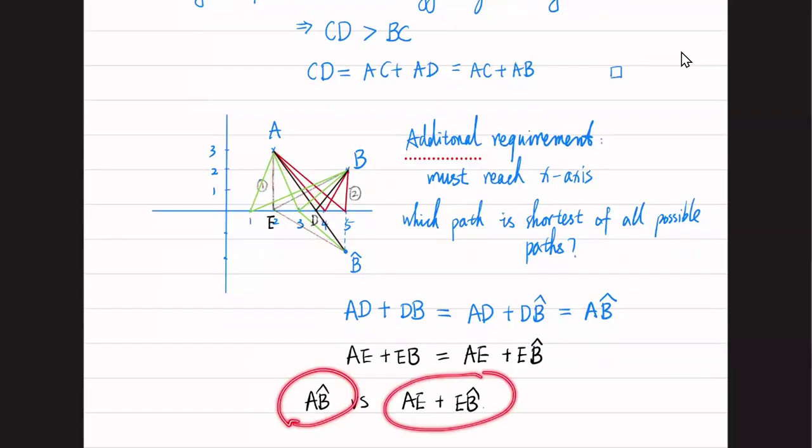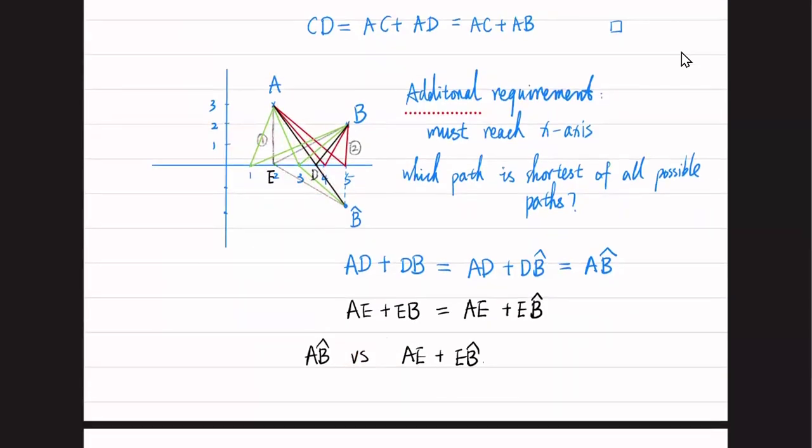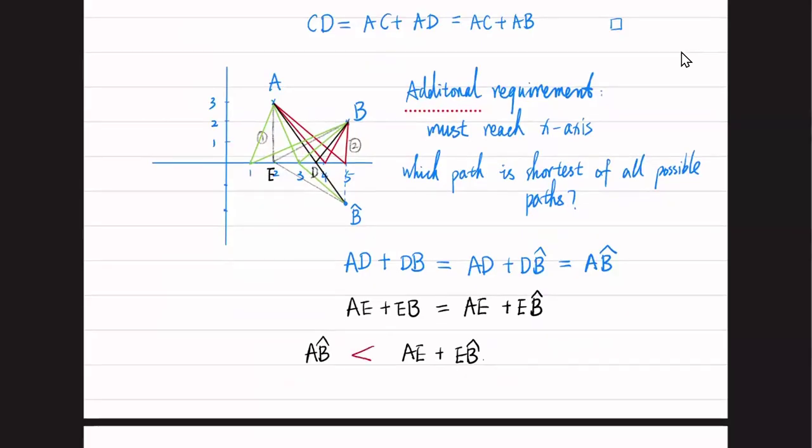By our previous triangle inequality, wherever we stop on the x-axis, we have a triangle, and the third side will be shorter than the summation of the two.